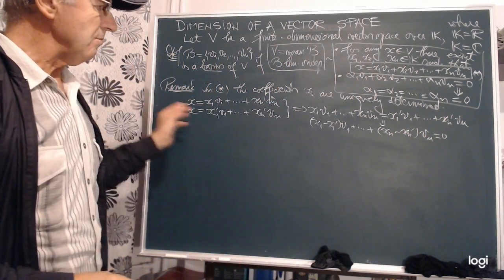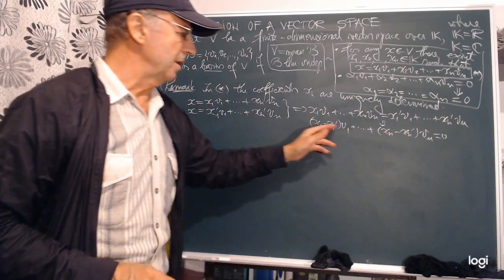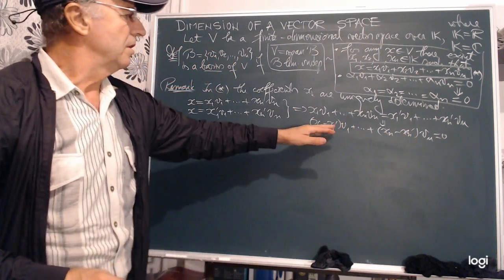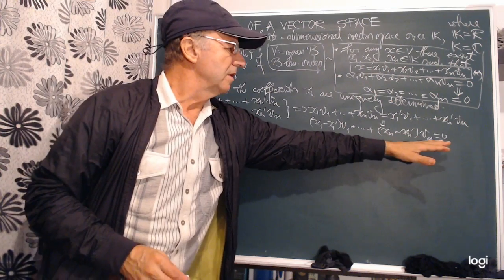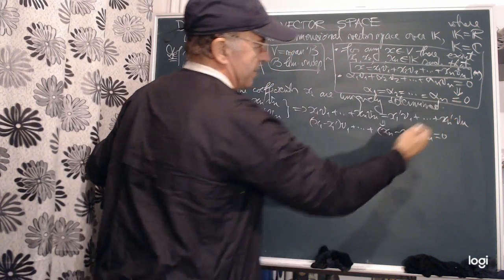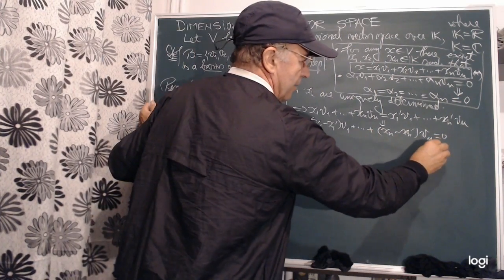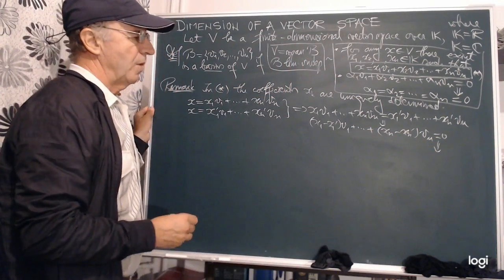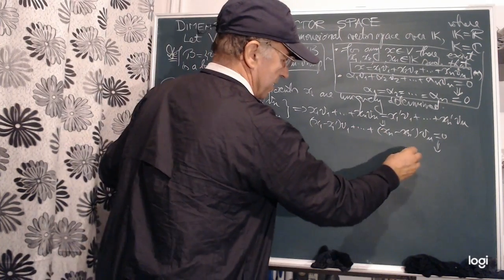So we have obtained a linear combination of our vectors equal to 0, but we know that this is possible only in the case when all the coefficients are 0.